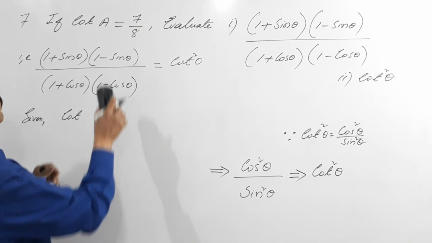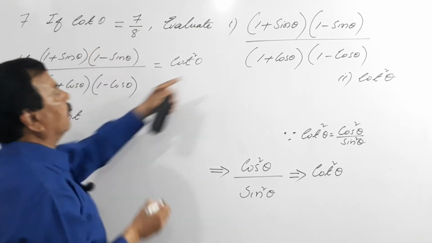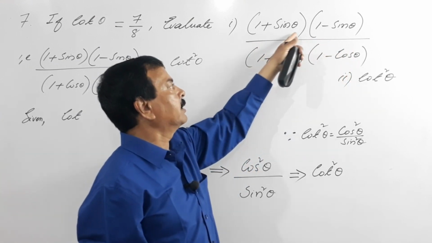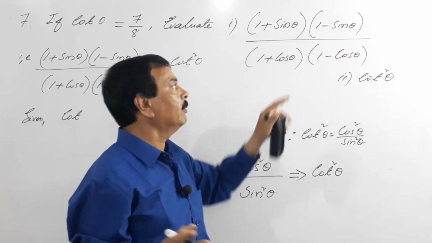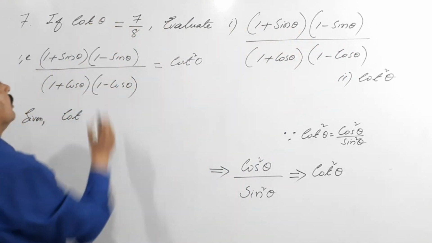So here what you do, instead of cot A, make it cot theta, because we have solved everything in terms of theta. Otherwise I should have written 1 plus sin A into 1 minus sin A, everything is the same. Only thing I have changed is this, so better you also change this to cot theta.